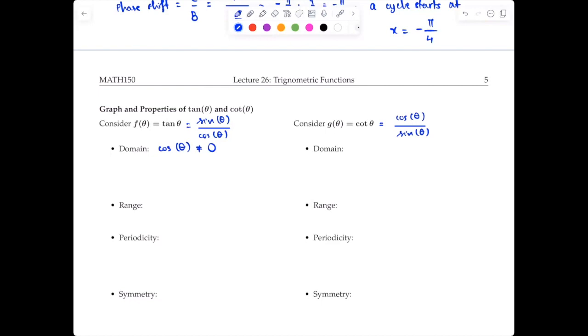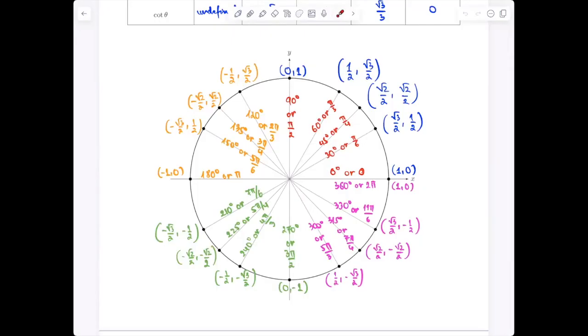So how could you obtain theta? You want to look for the values of theta such that cosine of theta is different from 0. Let me go back to the unit circle that we had in the last lecture. When you look at the unit circle, you can see that theta can take a lot of values, except when theta is equal to 90 degrees, or pi over 2, or when theta is equal to 270 degrees, or 3 pi over 2.